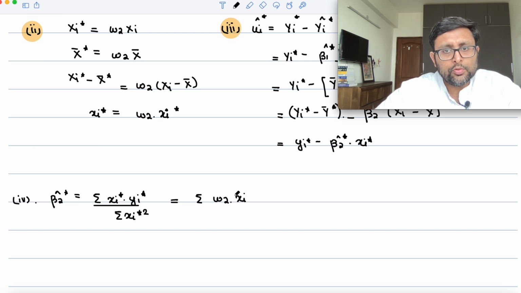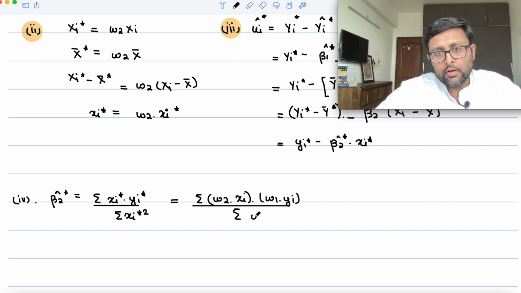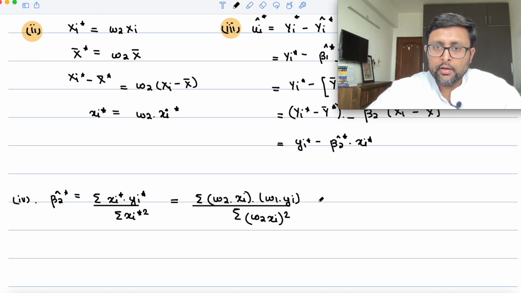W2 small xi. What is small yi star? W1 small yi. You have just written this upon W2 small xi square, right? So what do you have? W1 and W2, being constants, will come out of the summation sign.